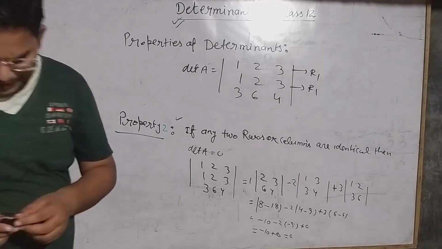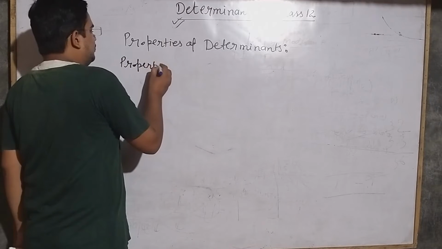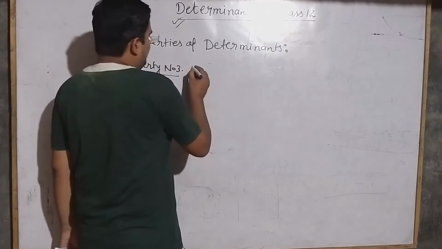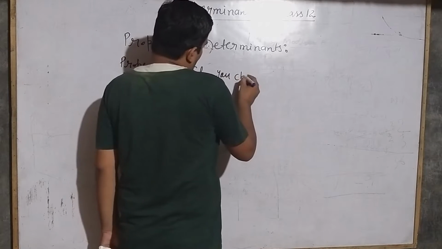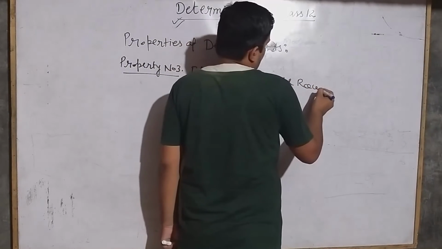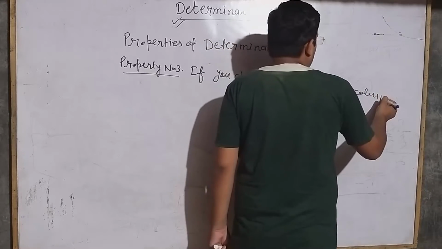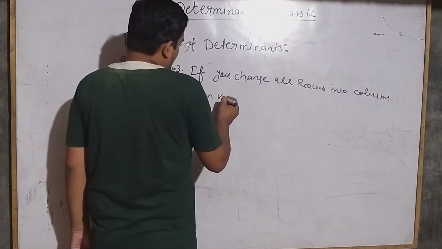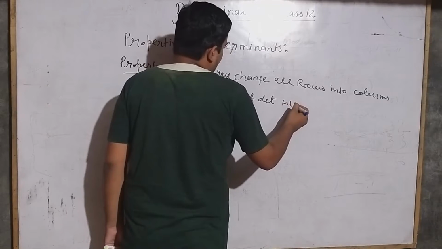Now I am moving to the next part, explaining property number 3. So what is property number 3? According to this property, if you change all rows into columns, the value of the determinant will not change.